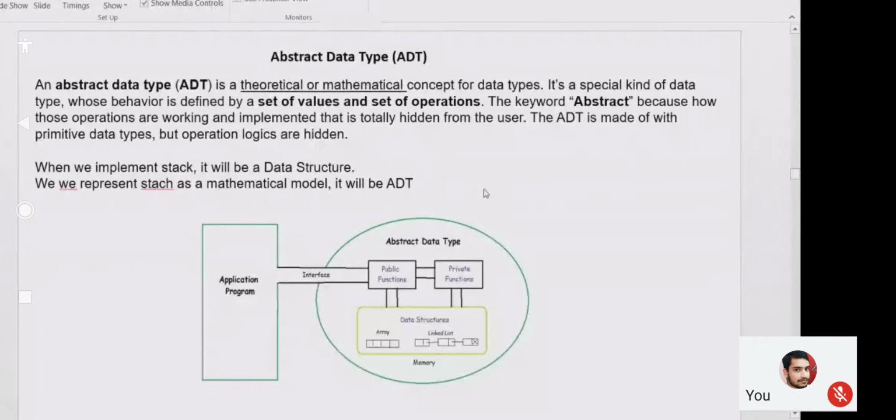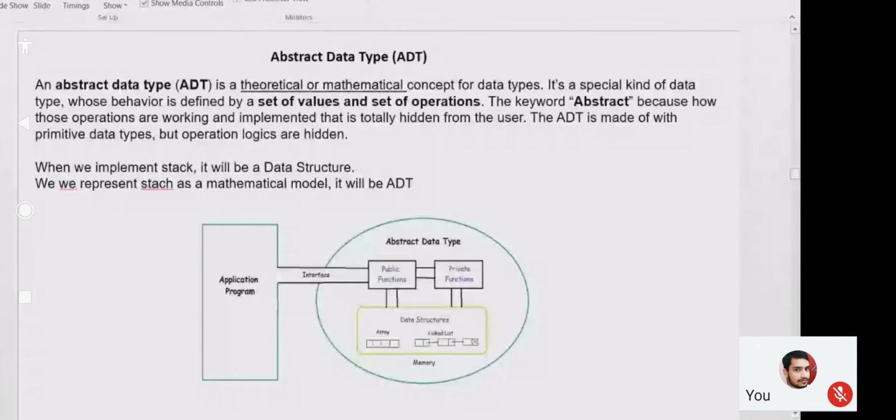But when we represent stack as a mathematical model, queue as a mathematical model, list as a mathematical or theoretical model, at that time we can say this is ADT. So ADT is basically implementation independent. We have to ignore or hide the implementation part. Is this clear?